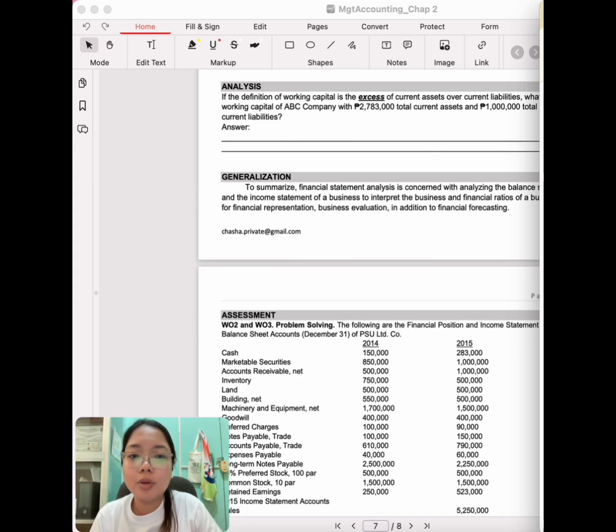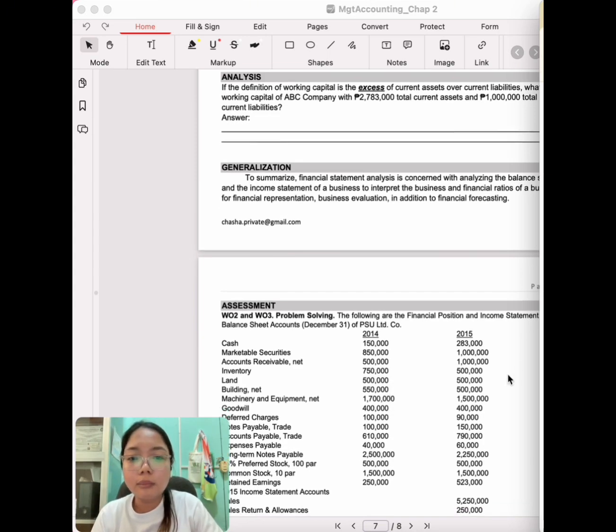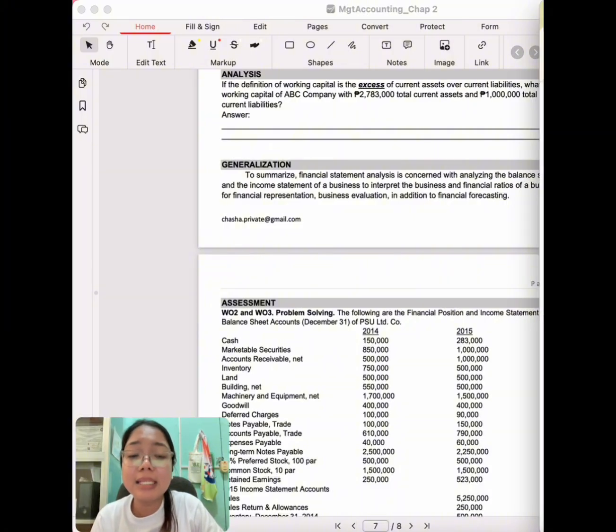Okay. So, to summarize our lesson, financial statement analysis is concerned with analyzing the balance sheet and income statement and interpreting financial ratios for financial representation, business evaluation, and financial forecasting. So, what should we remember? First, we remember that financial statements contain the data.